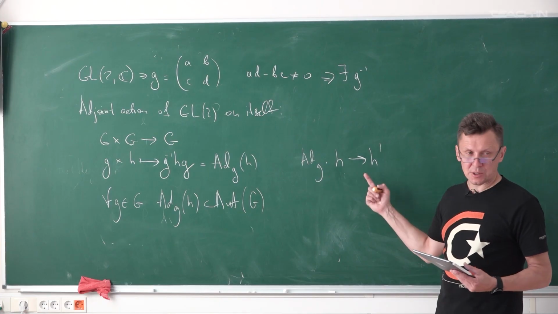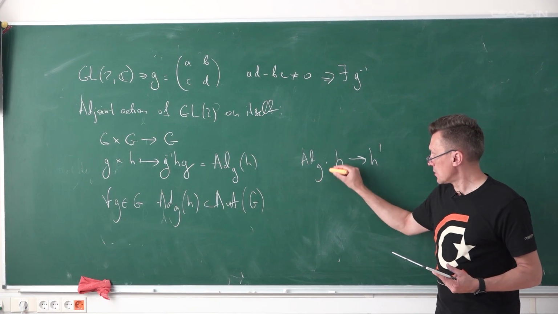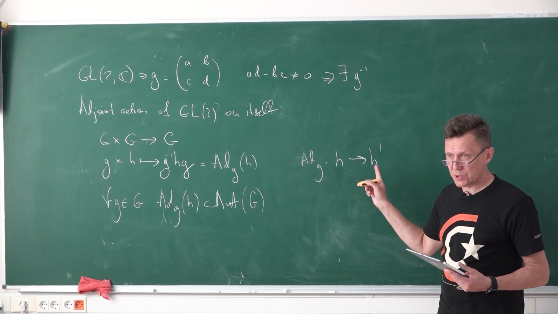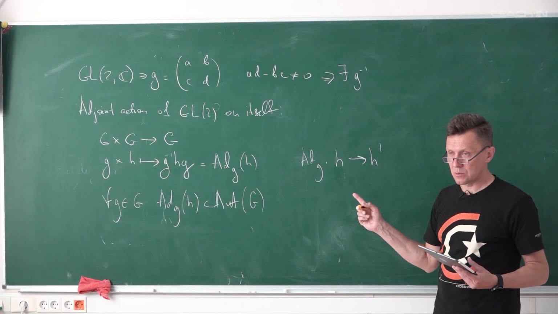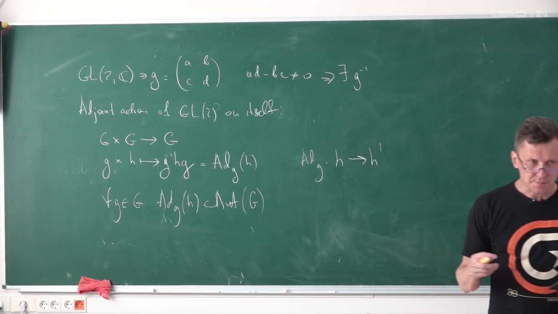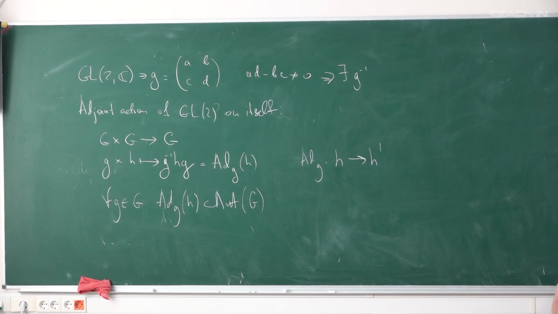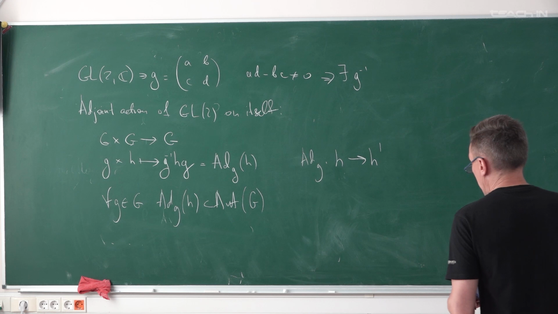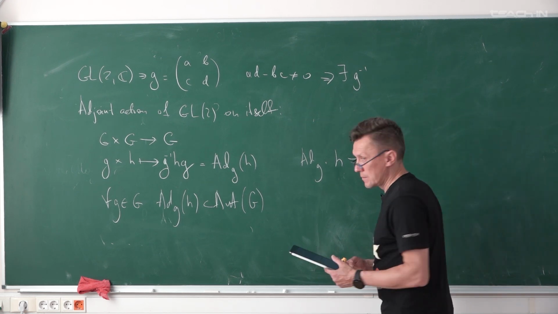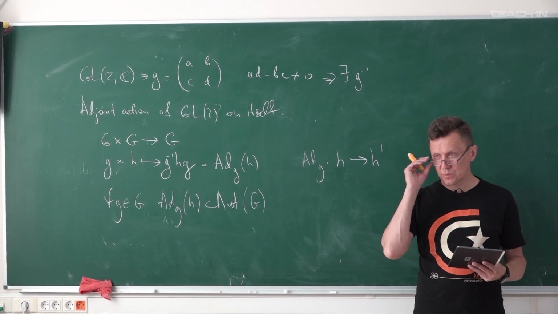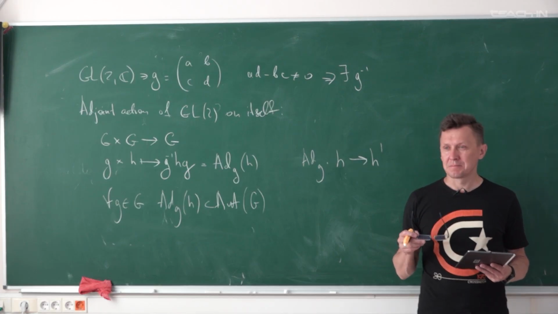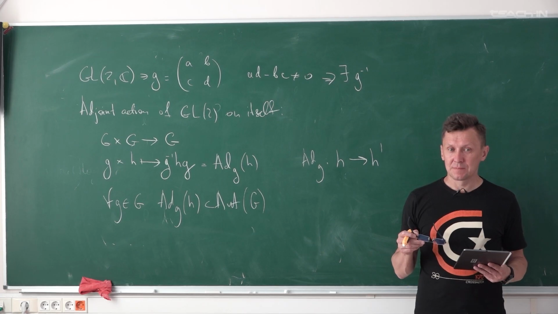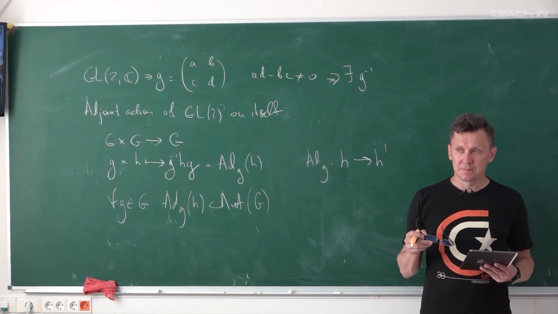Why is adjoint G a bijection on the group? Maybe some ideas. First of all, we can confirm that if we have two images, their pre-images are distinct.